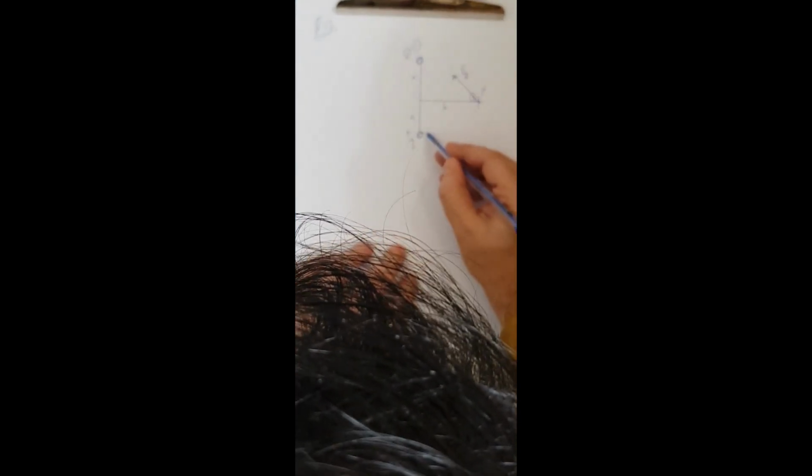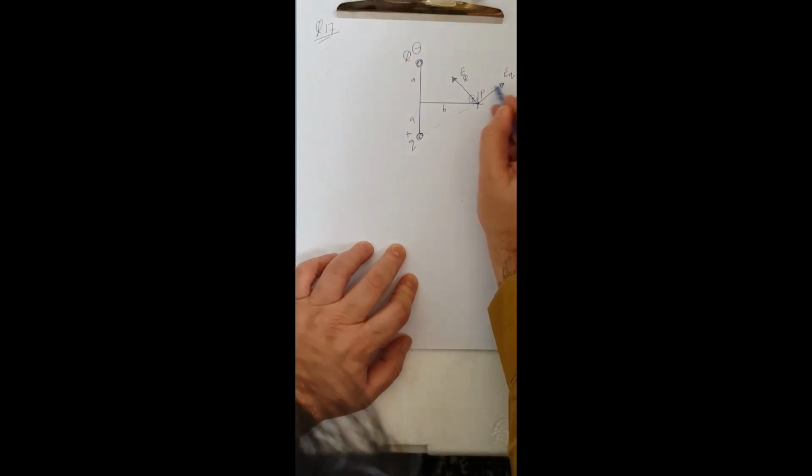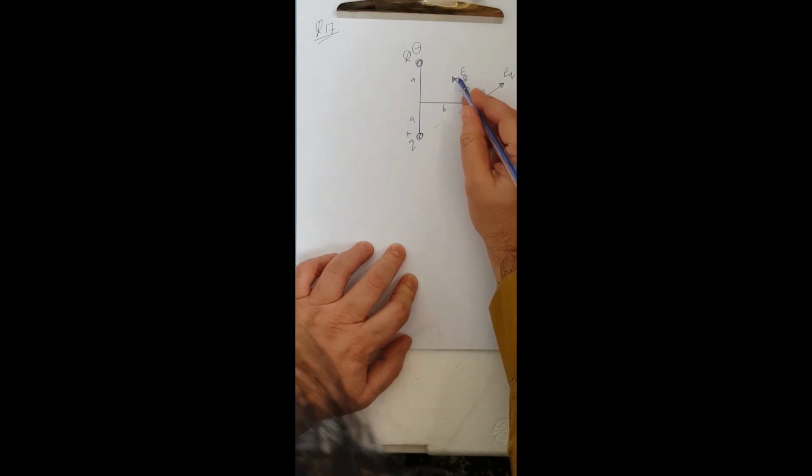Now here we have positive, positive, so we have repulsion, and on the line of action you'll have E for q. So you can see we have two electric field vectors, the first one in the first quadrant, the second one in the second quadrant.